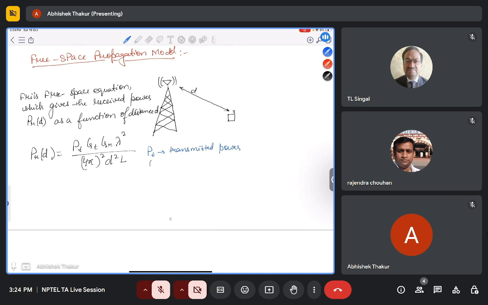The second term is Gt, that is the transmit antenna gain. And the third is Gr, that is the receive antenna gain.